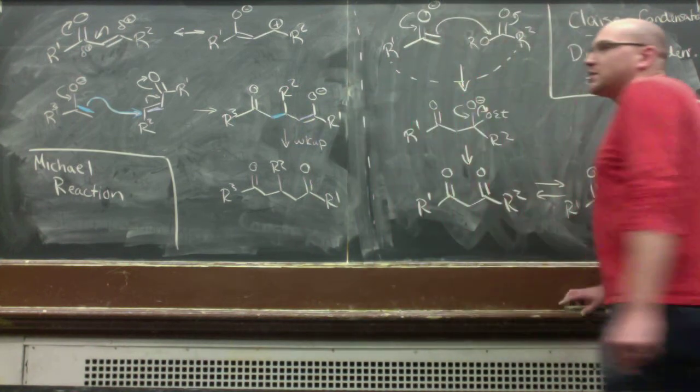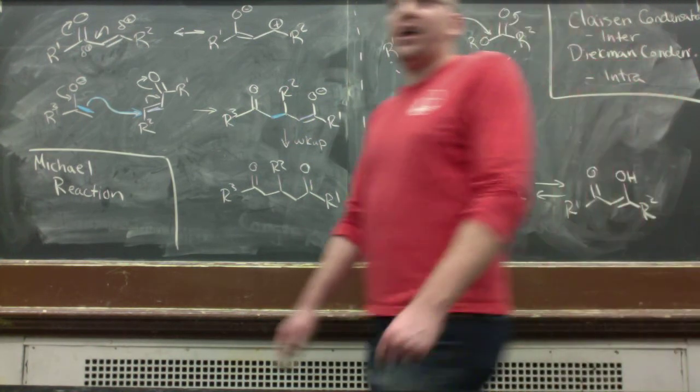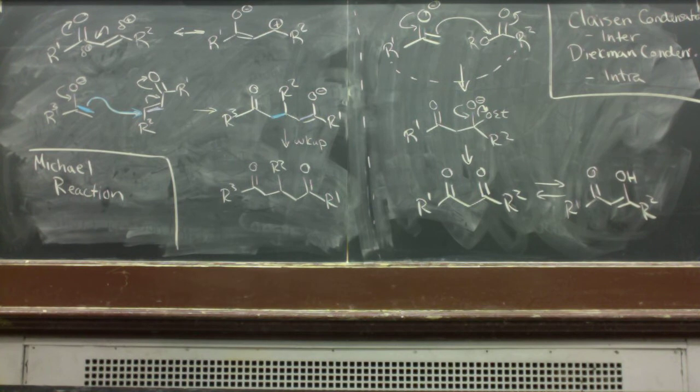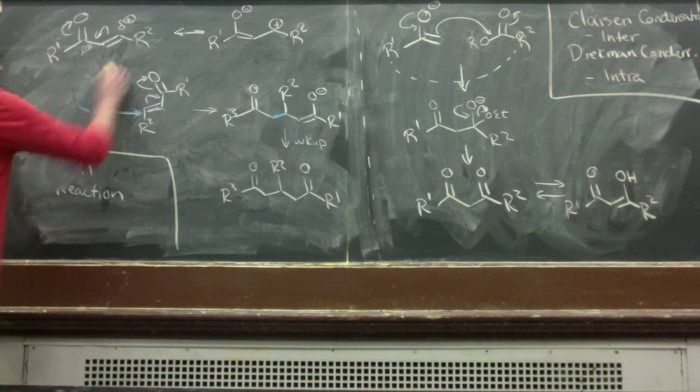I'm going to do a mechanism of a reaction that's called a Robinson annulation. It's formally a combination of a few of the reactions we've seen, but I'm going to draw the reaction. I'm going to give you guys a little bit of time to actually think through it, and then we'll discuss it.